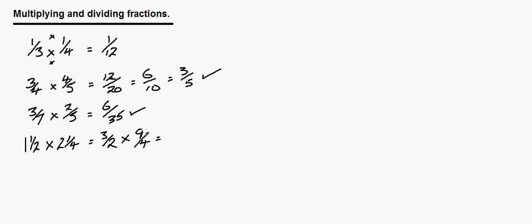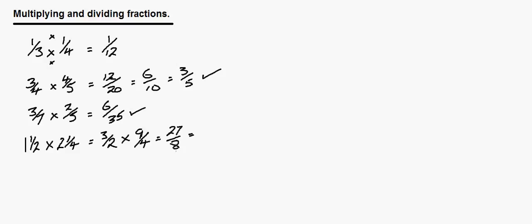So 3 times 9 is 27 over 2 fours are 8. Okay, so this is right, but it can be righter, because I know that 27 is more than 8, so this is more than 1.